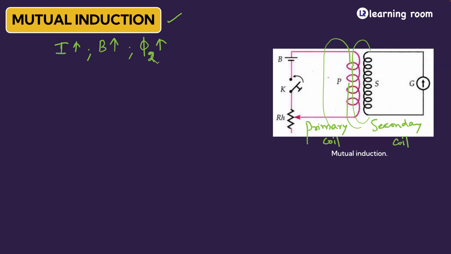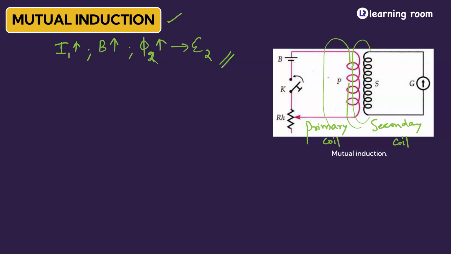So what is happening here? The current in the first coil is increasing, due to which there is an increase in the flux in the second coil, due to which there is an EMF induced in the second coil. So it's the same story, except the fact that in the previous case, there was only one coil which was acting as the primary and the secondary. It is the one which was picking the value.